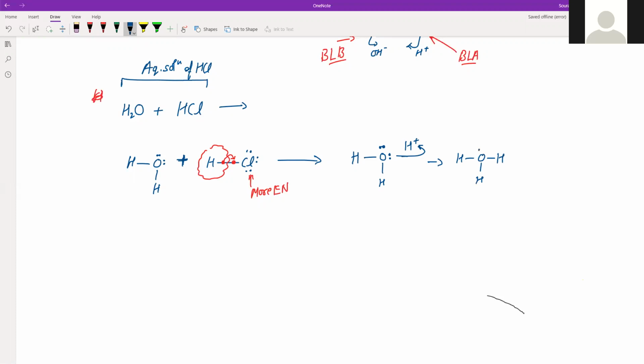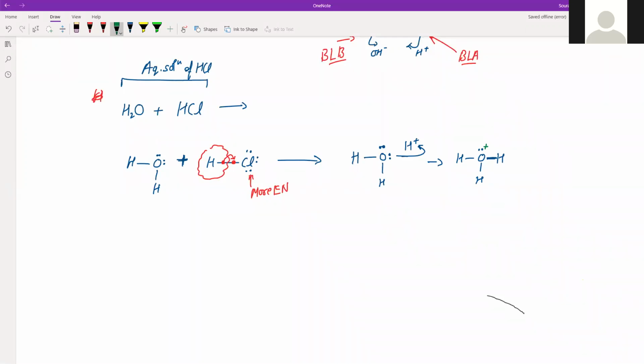And this O will have only one lone pair. Now O had actually two lone pairs. It has contributed, or donated, one of its lone pairs for making this new bond with H. So that's why there will be a positive charge on O.